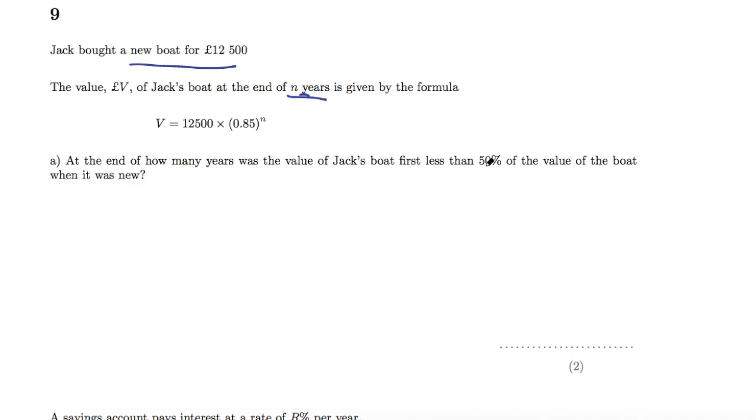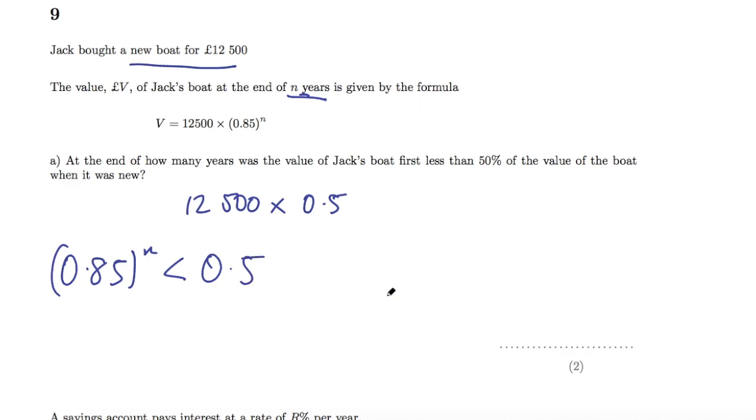So if we've got 50% of the value of the boat, we need to multiply 12,500 by something less than 50% or 0.5. So this part of the equation needs to be less than 0.5, basically. So we can say that 0.85 to the power of n needs to be less than 0.5.